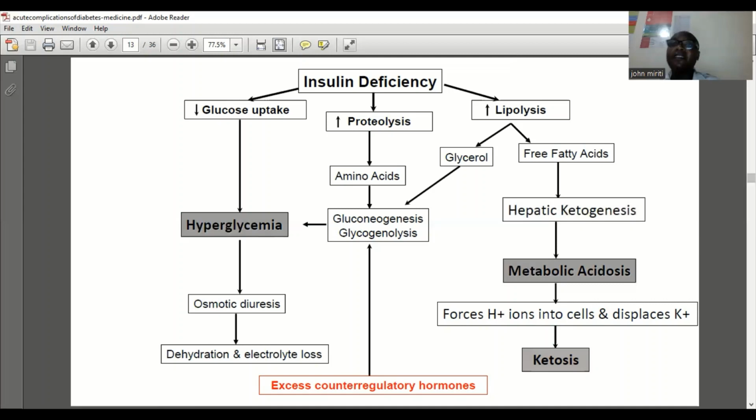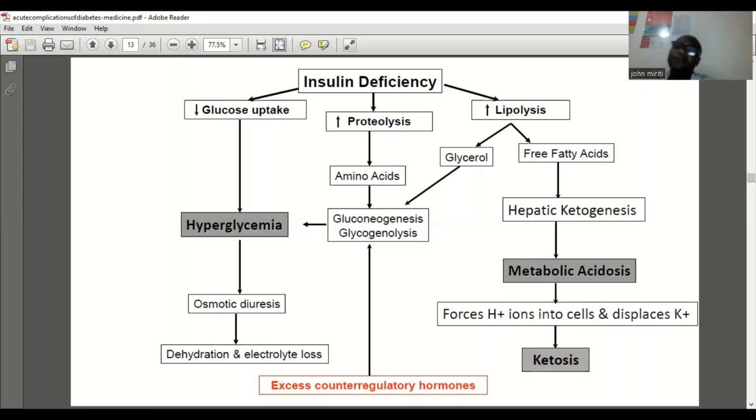This breakdown of lipids can be converted into glycerol, and this glycerol results in gluconeogenesis, which results in hyperglycemia, again resulting in osmotic diuresis, dehydration, and electrolyte imbalance.